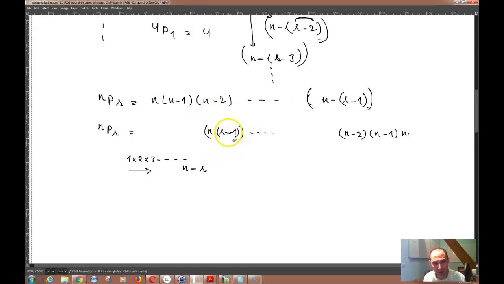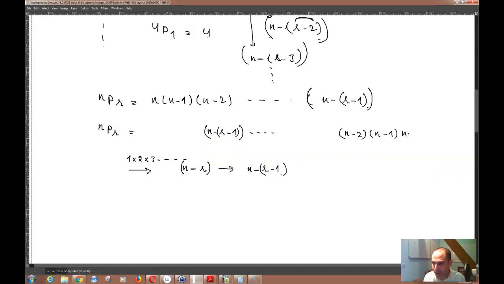This was n minus r, and then of course, to get to the next term, I have to take this r and subtract a 1 from it, which would be n minus r minus 1, which would be this term over here.